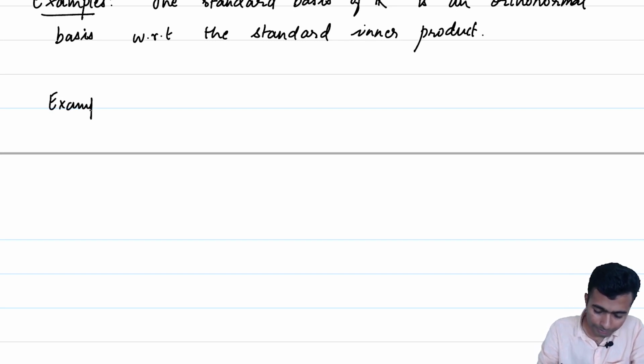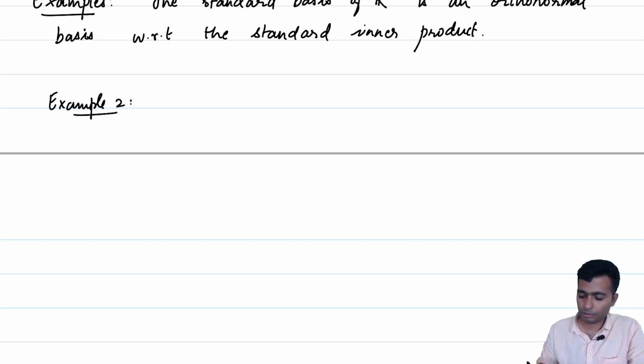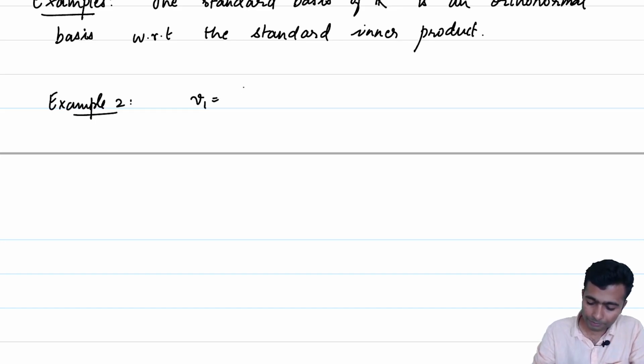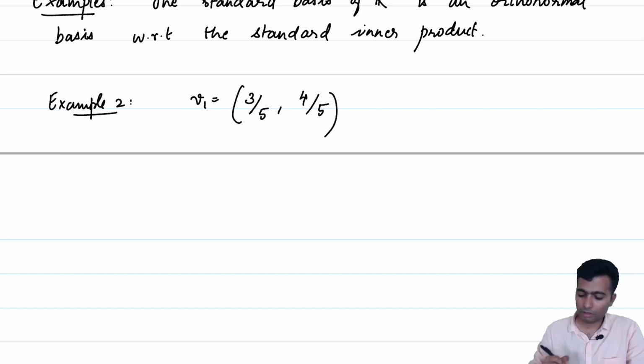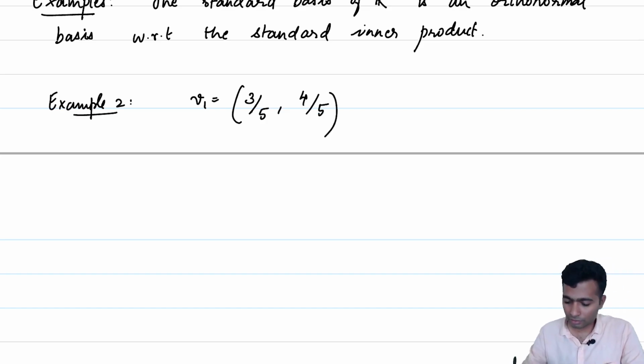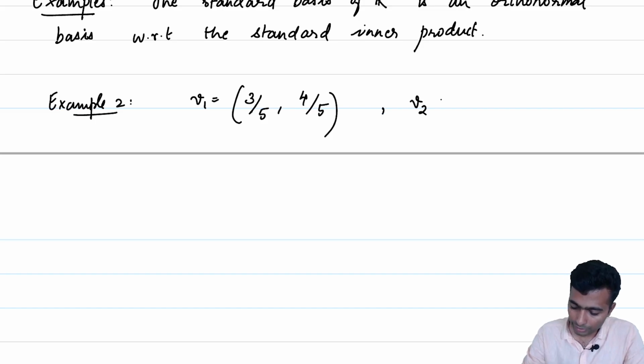Okay, let's be a little more adventurous. So another example. Let's look at the following collection. Let V1 be equal to (3/5, 4/5). You can check that the length of V1 is 1. And let V2 be (-4/5, 3/5).